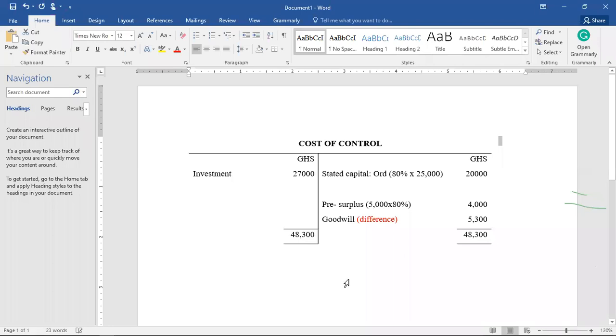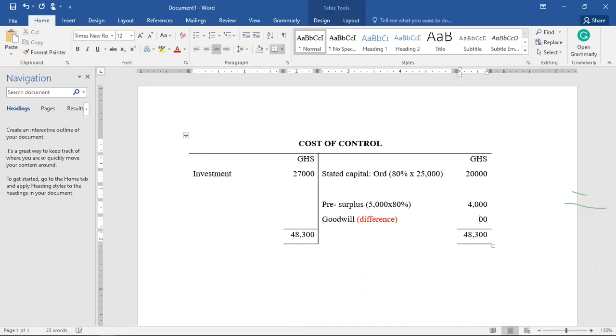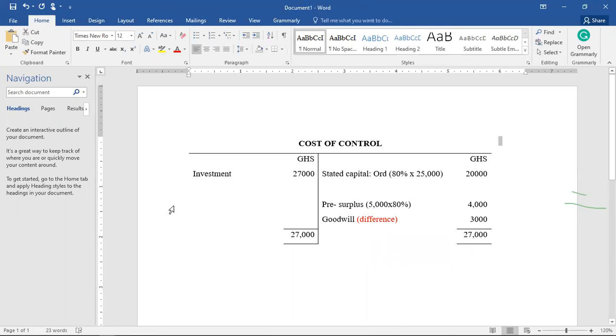So how much is our goodwill? 3,000. Our goodwill is 3,000. So this is how your cost of control account will look for this particular illustration.